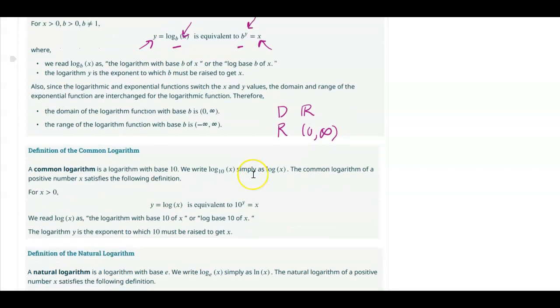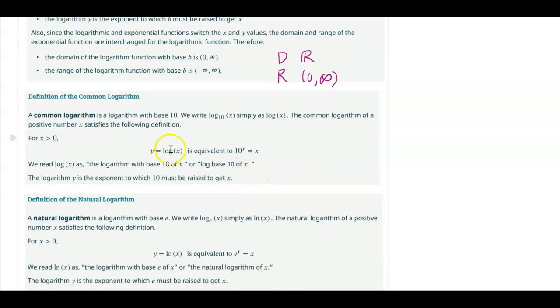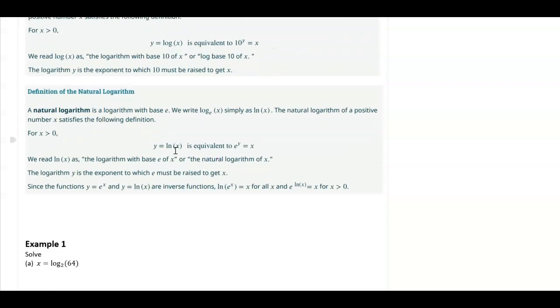So logs and exponential functions are just complete opposites of each other. They are inverse functions. If you do not have the base given for your log function, then we say that is base 10, because that is our number system. And if you see an ln, that is the natural log, which has a base of e.